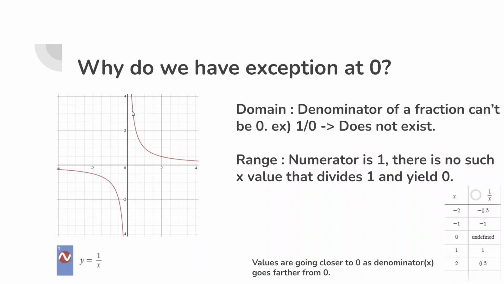Here you can see that the y value is going closer to 0 as x value increases, and for the negative side, the y value goes closer to 0 as x value goes farther from 0.